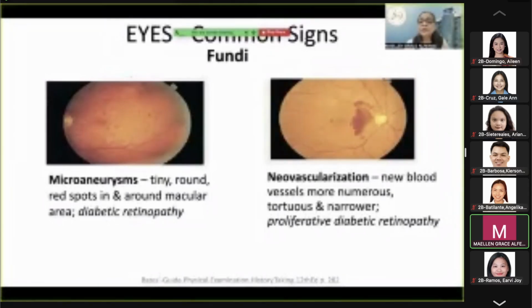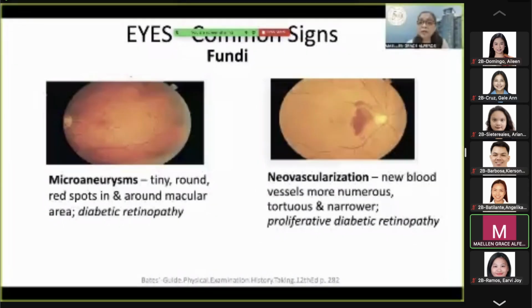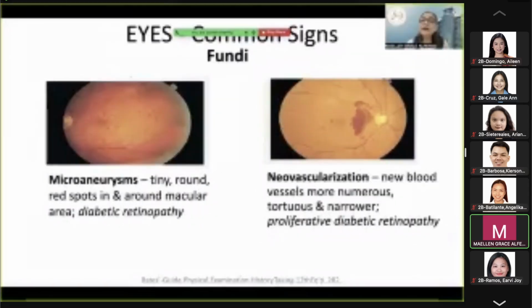And the reason for this one is in diabetes, there can be hypoxia in the retina, and this triggers vascular new growth. And this vascular new growth, or neovascularization, is called a more advanced type of retinopathy in diabetes. This signifies a proliferative diabetic retinopathy.